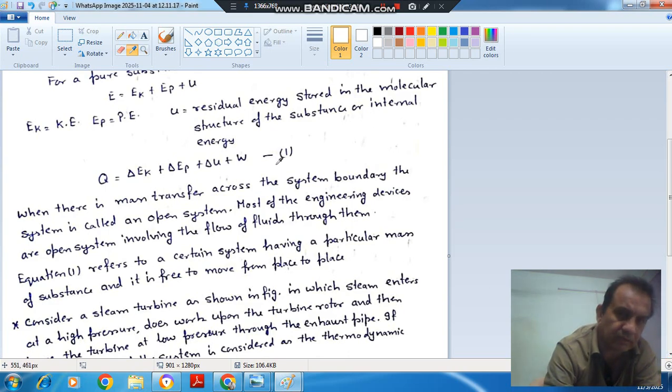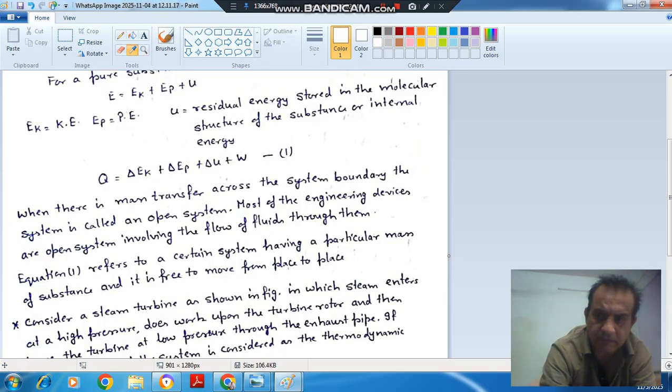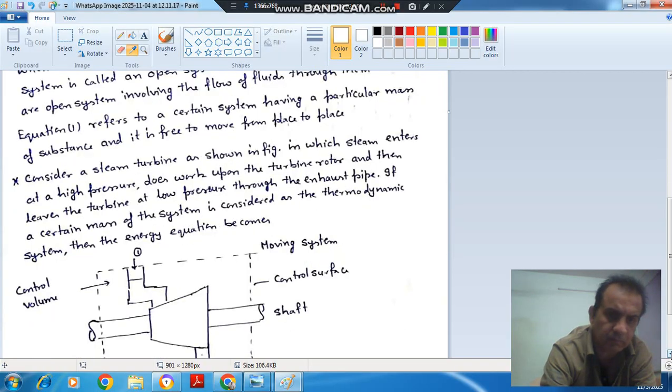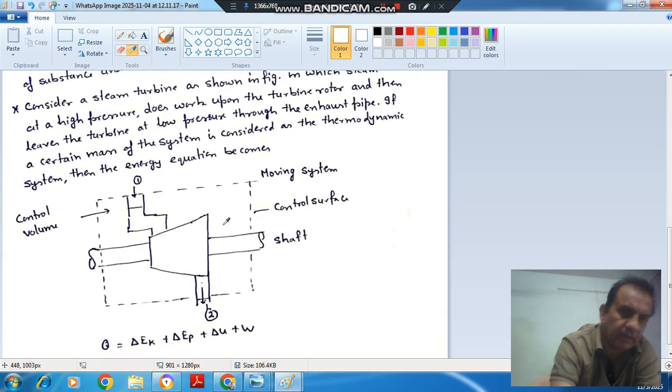Equation 1 refers to a system having a particular mass of the substance, and it is free to move from one place to another place. If we consider this figure, this is a turbine, and some amount of fluid is entering here, running the turbine, and then leaving.